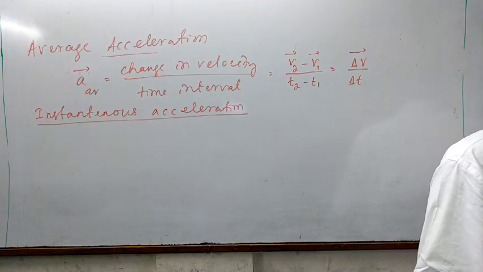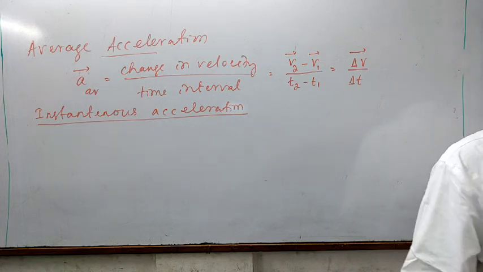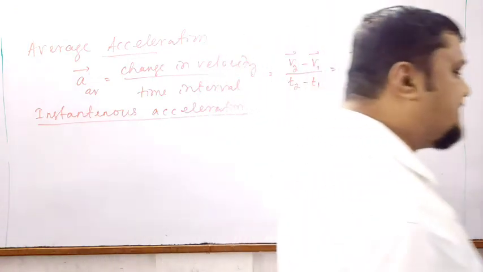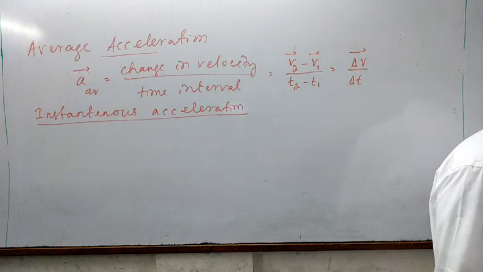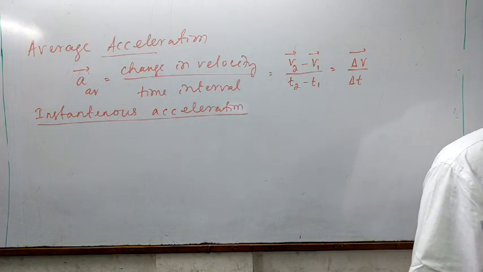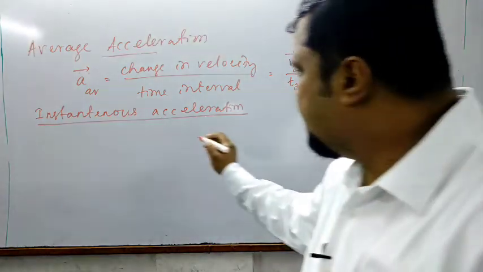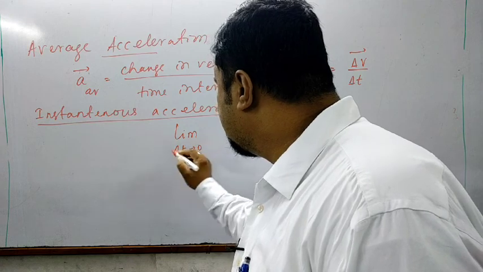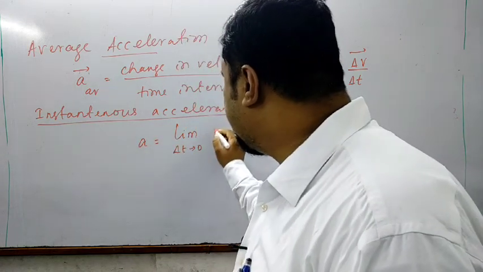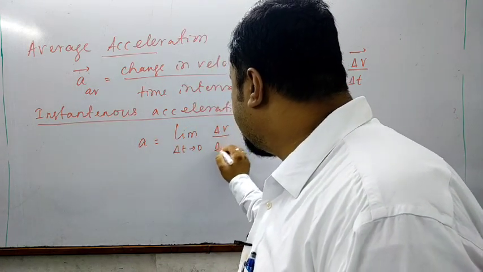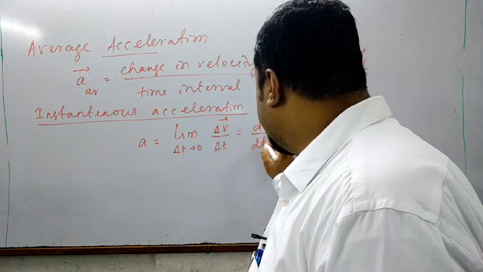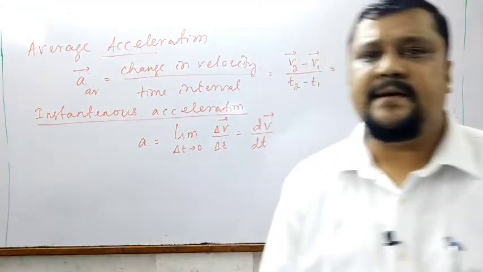At a particular instant, what is its acceleration? If you consider the interval of time to be very small, we take the limit as delta t tends to 0. So the instantaneous acceleration is equal to delta v by delta t, which equals dv by dt, with a vector symbol.